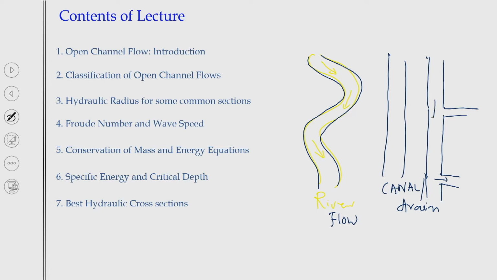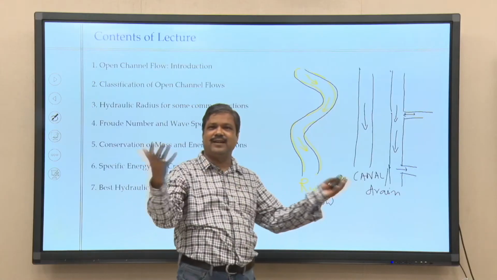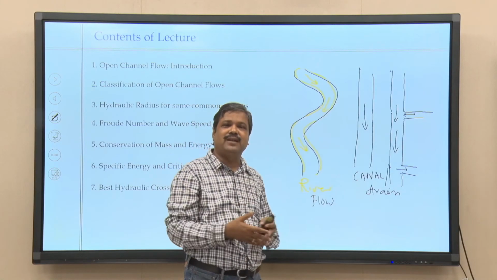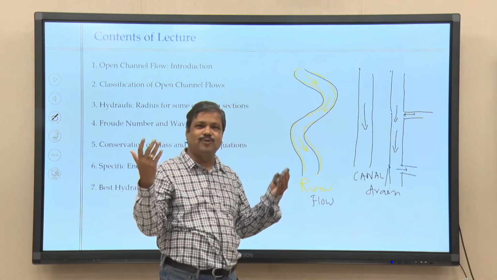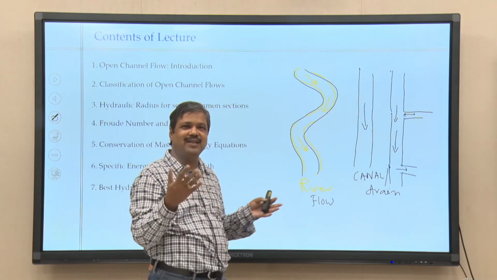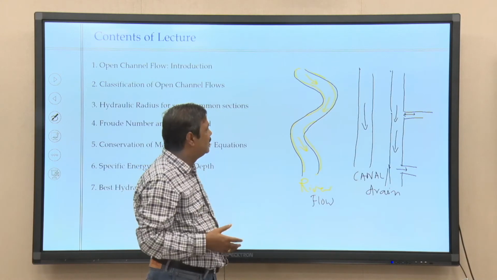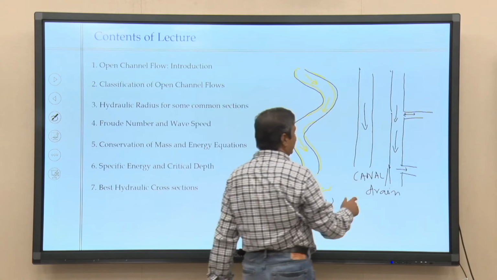The flow can come this side, can go this side. There are many systems like canals, drainage systems, stormwater drainage systems and navigational channels. Look at how civilizations made the best navigation channels.